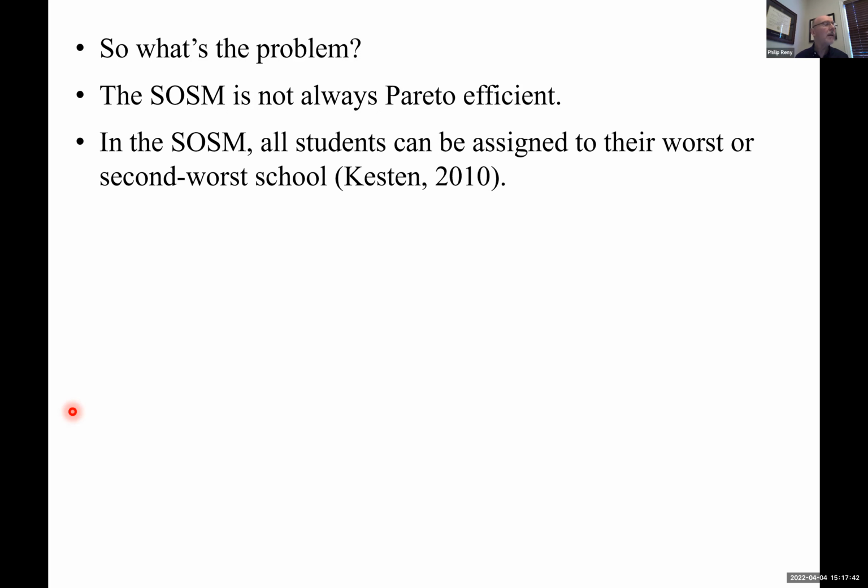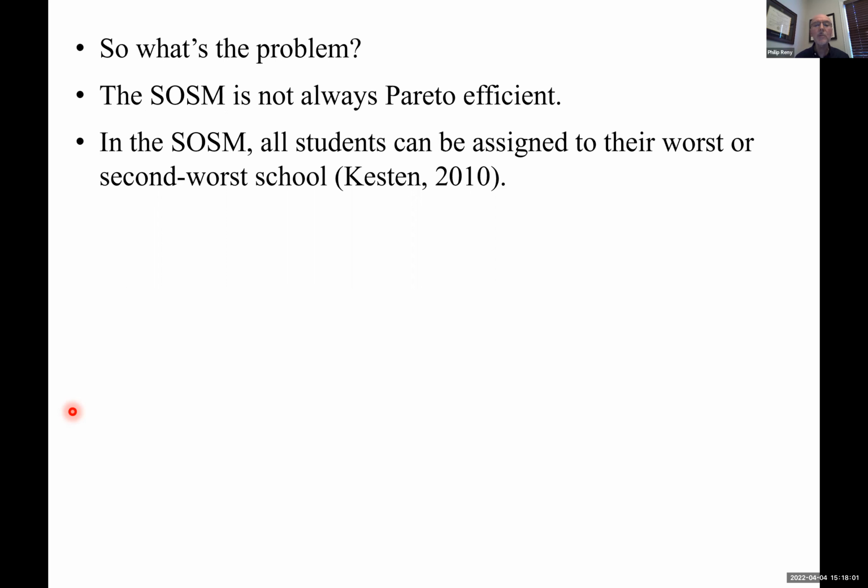Okay, so for any number of schools, there are students and preferences and priority orders and quotas for the schools that would have this effect.